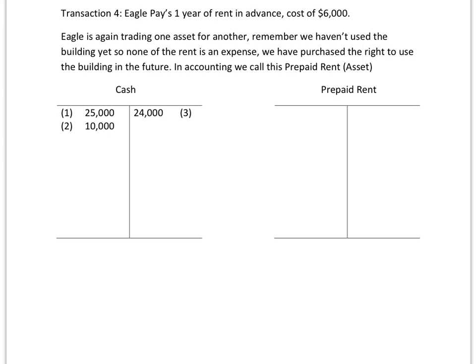We have the right to use it for a full year. So we're going to take $6,000 out of cash and put it in prepaid rent. And then you'll find in Chapter 3, as time passes, as we use the rent, we'll recognize rent expense, but we'll wait for that there.